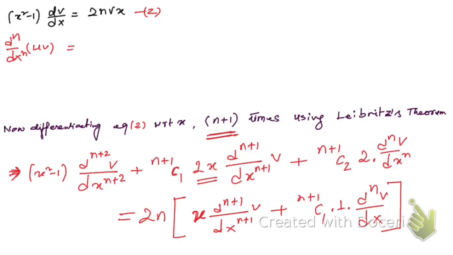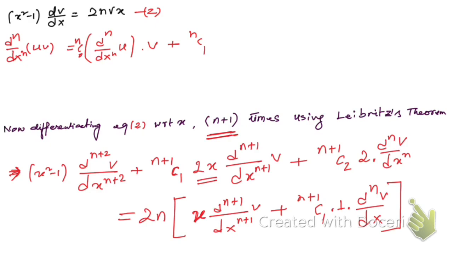Then first we write nC0, which is equal to 1, so we don't need to mention it. Then the nth order derivative of u into v. Then nC2, sorry, here it was nC0, not 1, here it's supposed to be nC1.